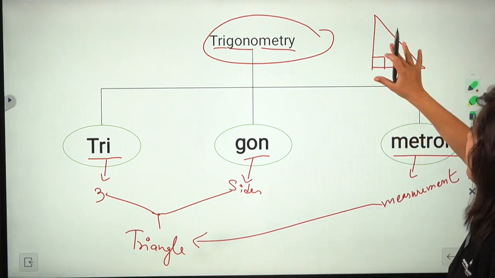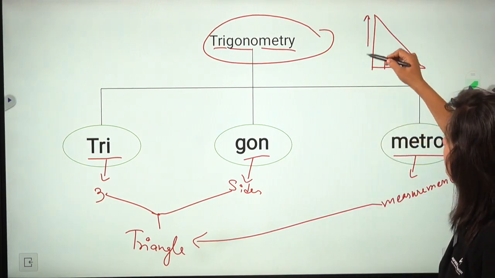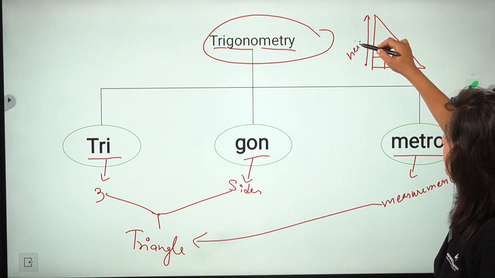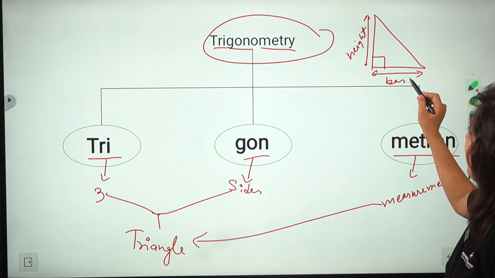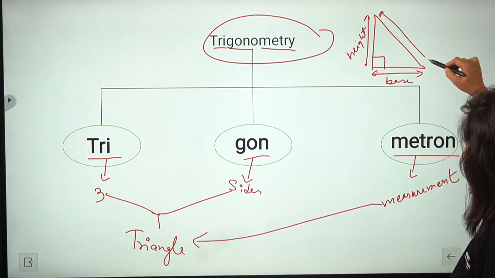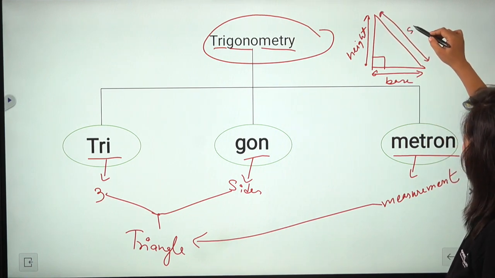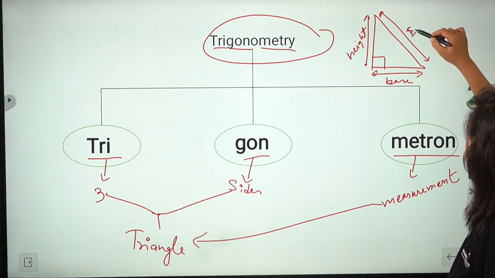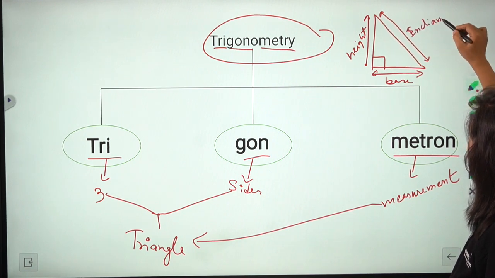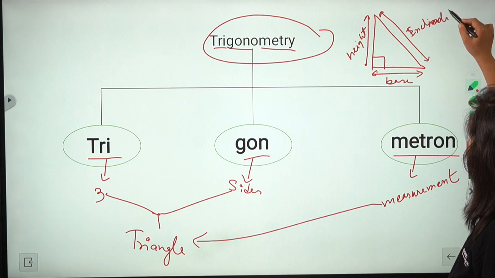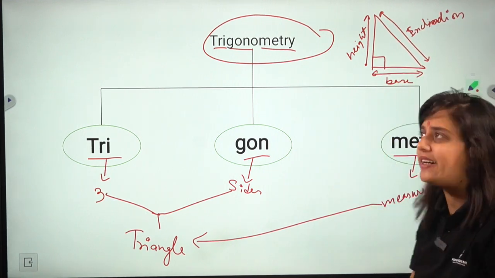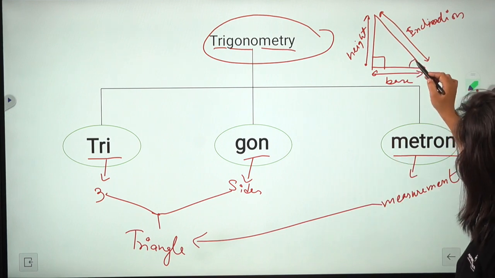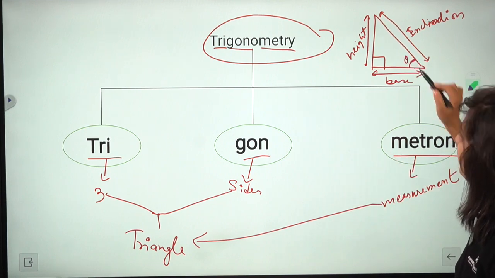Now see what a right angle triangle has. It has a height, isn't it? It has a base, and it has the slopy side or inclination. Clear? And how much inclined it is, is understood by this angle theta.